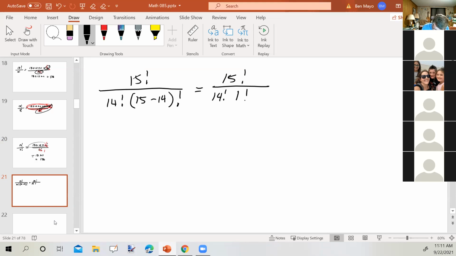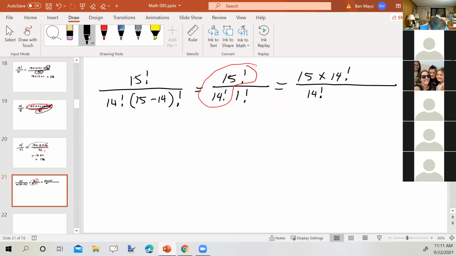So this is 1 factorial. Now, I'm going to focus on this. 15 factorial is equal to 15 times 14 factorial. Why did I stop expanding it there? Why didn't I go 15 times 14 times 13 times 12 times 11?